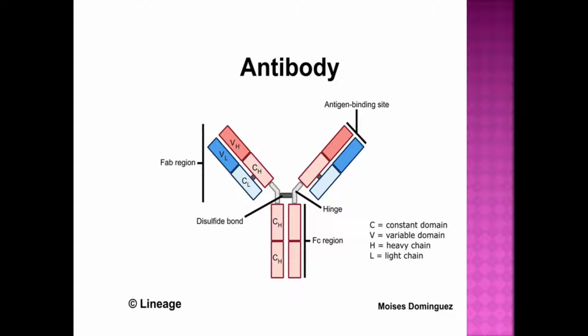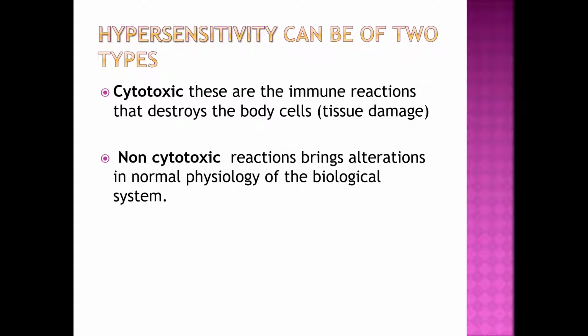As you can see right here in this diagram, this is the structure of antibodies, consisting of the Fab region and Fc region. The Fab region is responsible for binding with the antigen present on the cell surface, and the Fc region is responsible for activating the complement system.